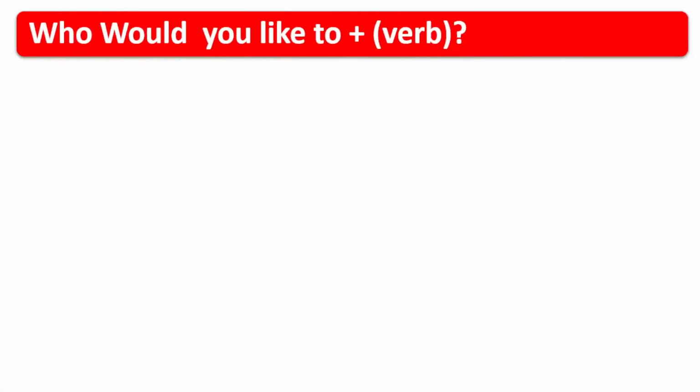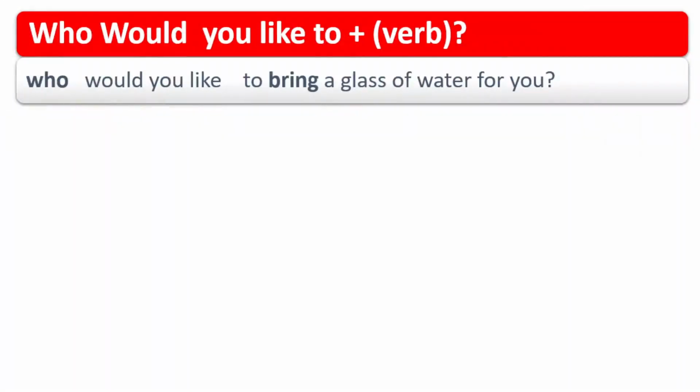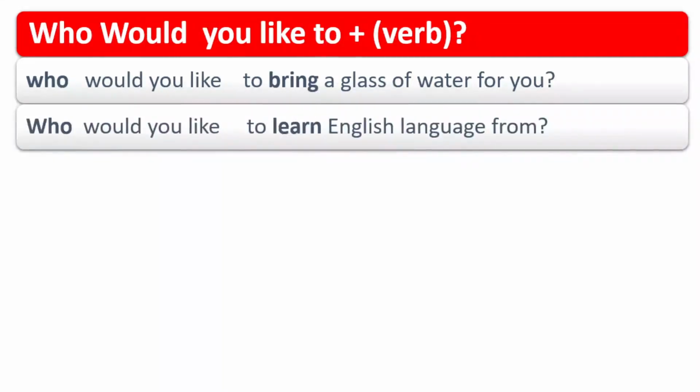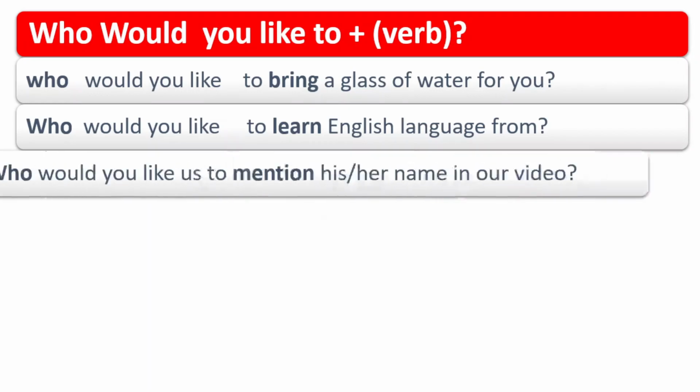Okay, the next one is questions with who would you like to plus verb. The first question is, who would you like to bring a glass of water for you? Who would you like to learn English language from? Like, who is the person you would like to learn English language from? Maybe you could mention the name of your teacher or your friends or Explimp, whatever you want, okay?